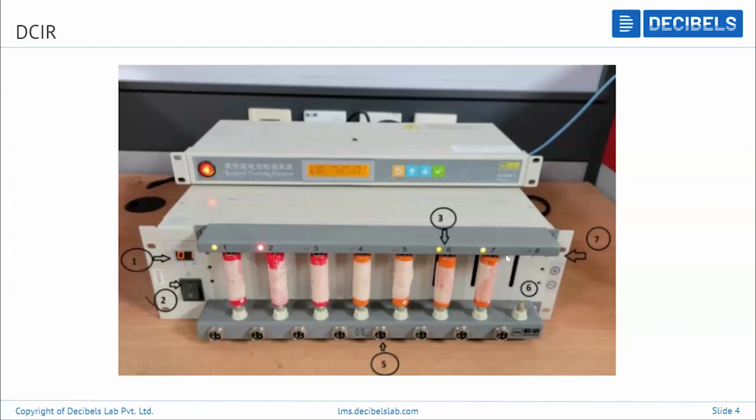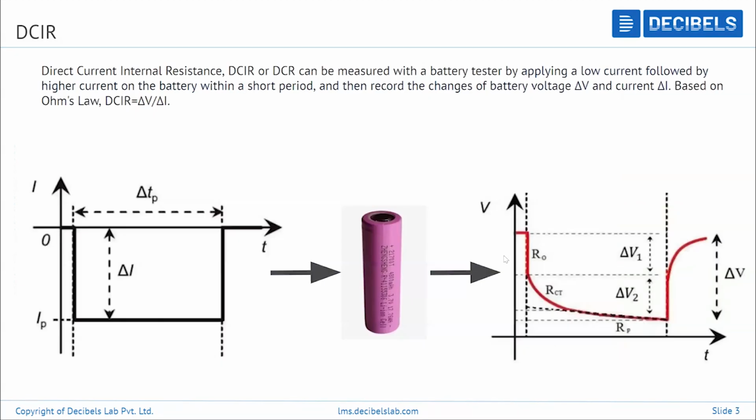Typically you are applying the DC current to the cell, either for discharging or for charging. When you do it, you can see the changes in the voltage response, right? Let's say you have applied a step current.